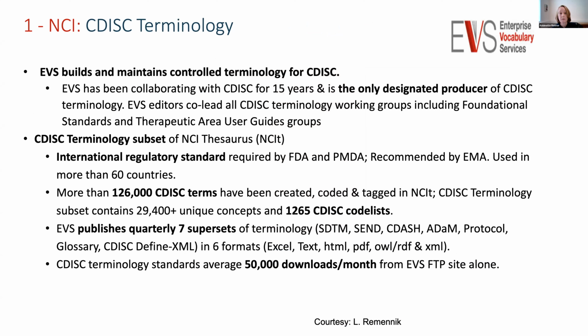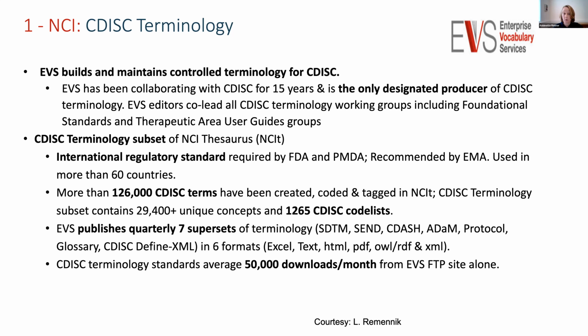So some of the projects that we support directly relate to the content in Umit's diagram, and a key part of that is CDISC. So we support not just NCI projects, but other projects. And for the past 15 years, EVS has been the only designated producer of terminology for CDISC.